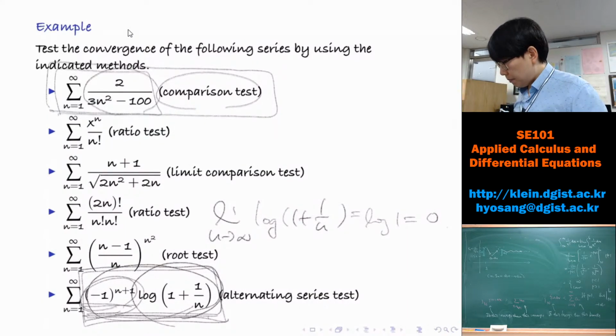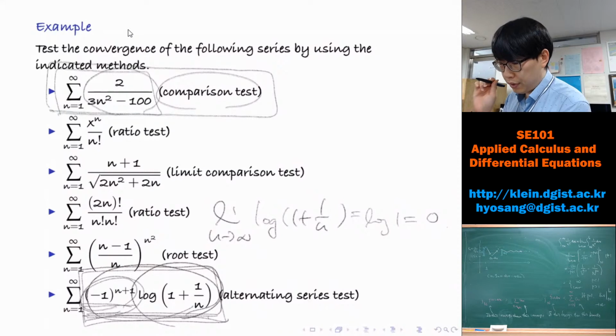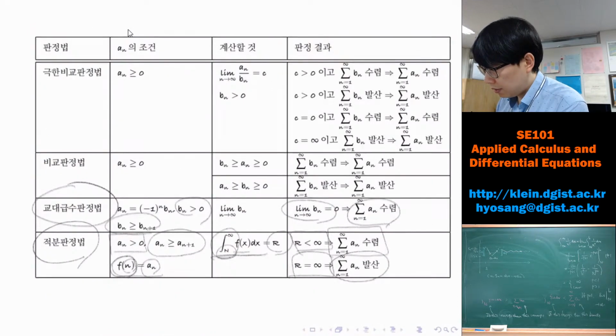So how do we use the comparison test? In order to use it, you have to have at least some idea whether this series converges or diverges, because the comparison test depends on what you have to show to choose your comparing sequence.